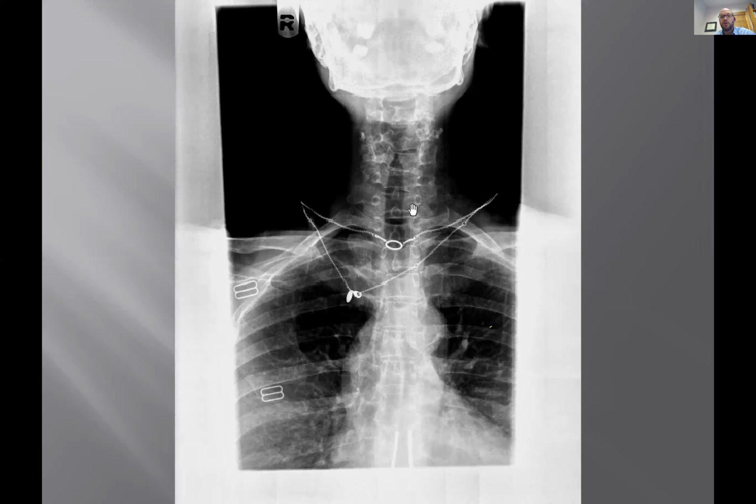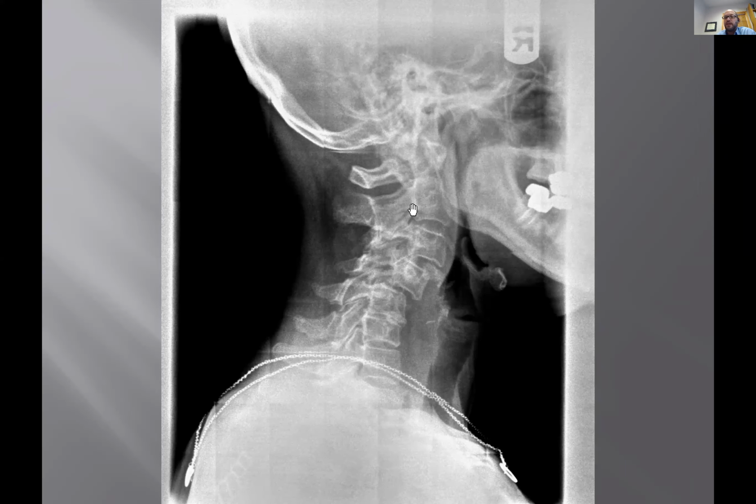So let's go over here again. Now, in a patient with lupus, remember, lupus can kind of look like RA, but it doesn't cause erosions. Lupus causes subluxation that is reducible.